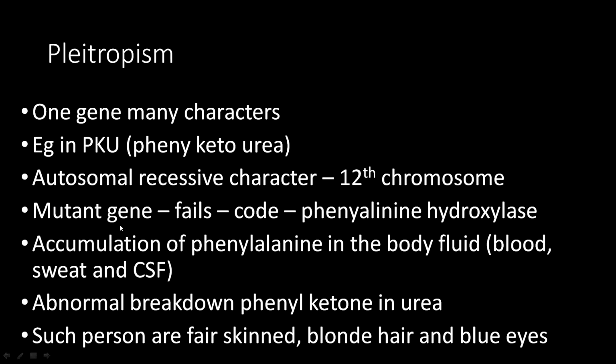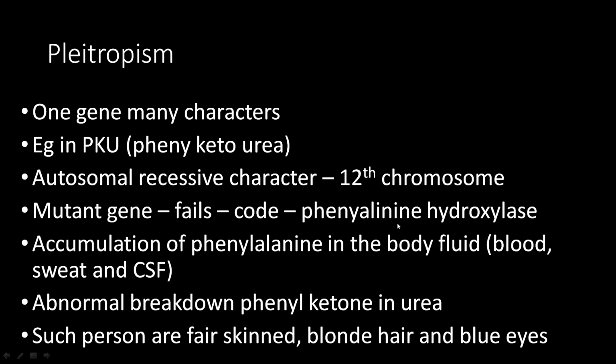Now, mutant gene. The mutant gene on chromosome 12 fails to code for an enzyme called phenylalanine hydroxylase. Mostly these enzyme names end with 'ase': cellulase, pectinase, protease, maltase, lactase, any sugar, sucrase, fructase, okay, ase. So there will be mutation in the chromosome 12 gene which fails to code for phenylalanine hydroxylase.